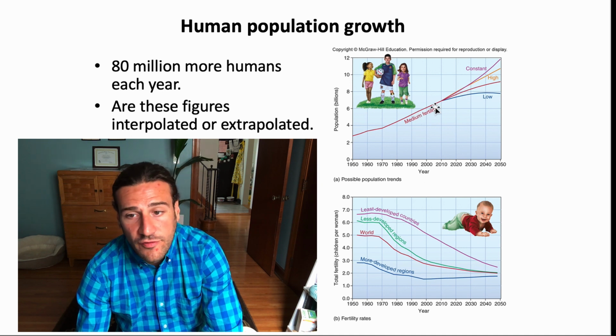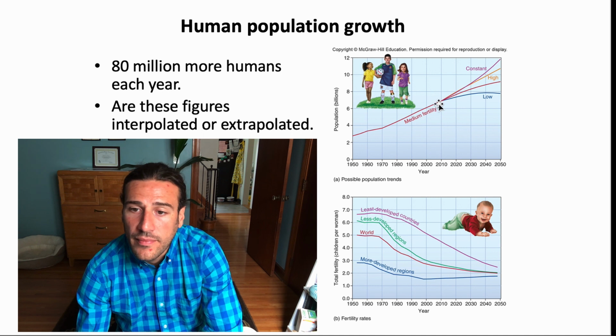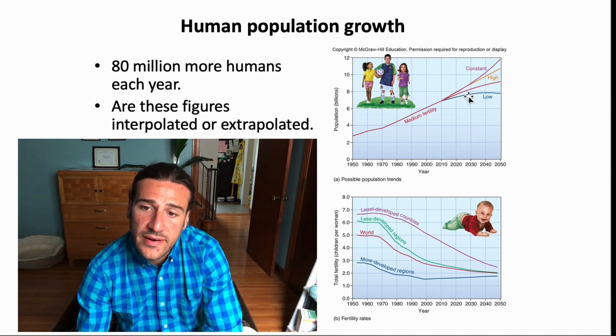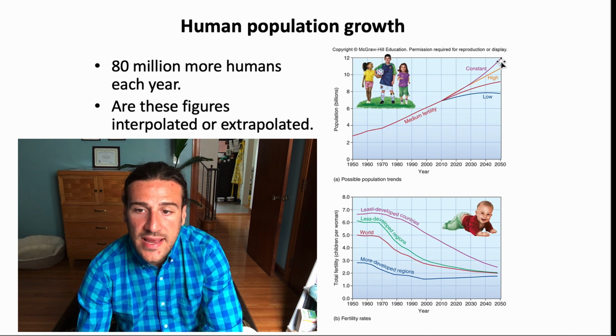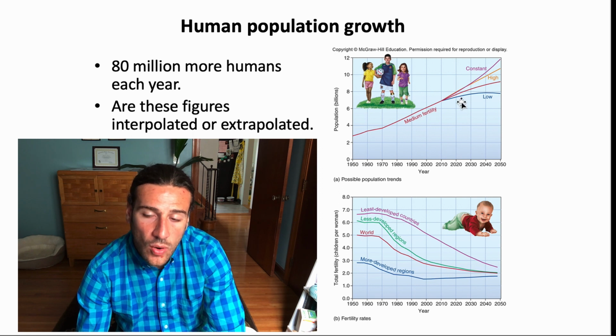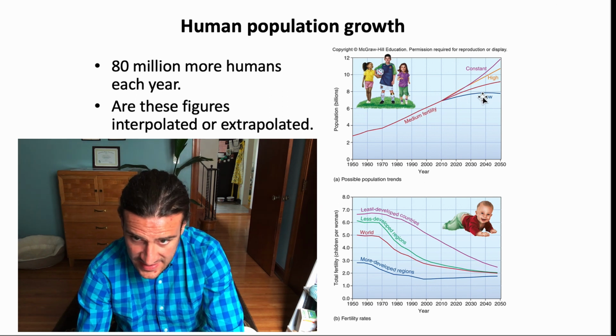However, if fertility goes down, if the average person has fewer offspring than the average person has now, you're looking at a population of around 8 billion by 2050.